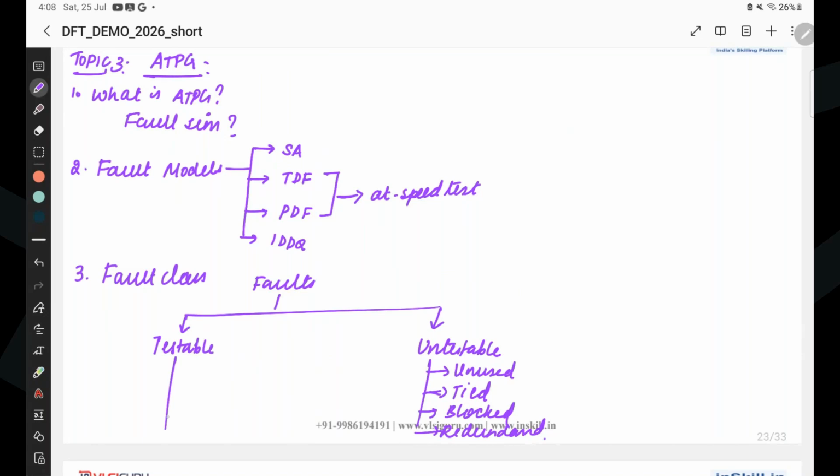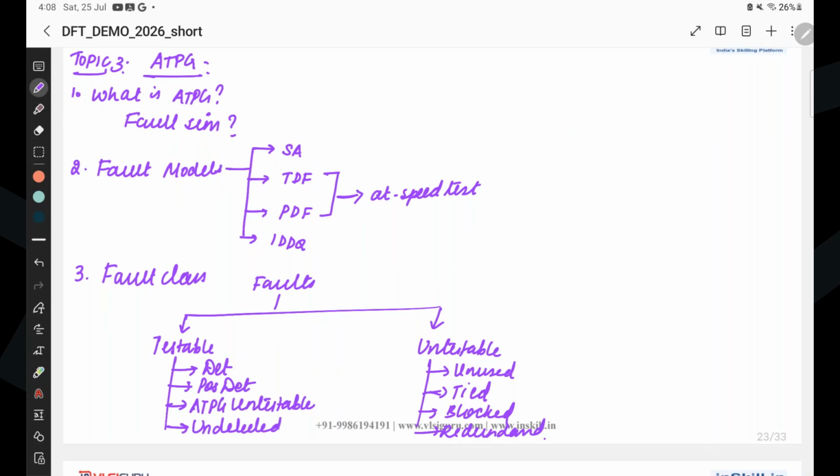And under testable, they will be classified as detected, possibly detected, ATPG untestable, and undetected. So these are the fault classes.